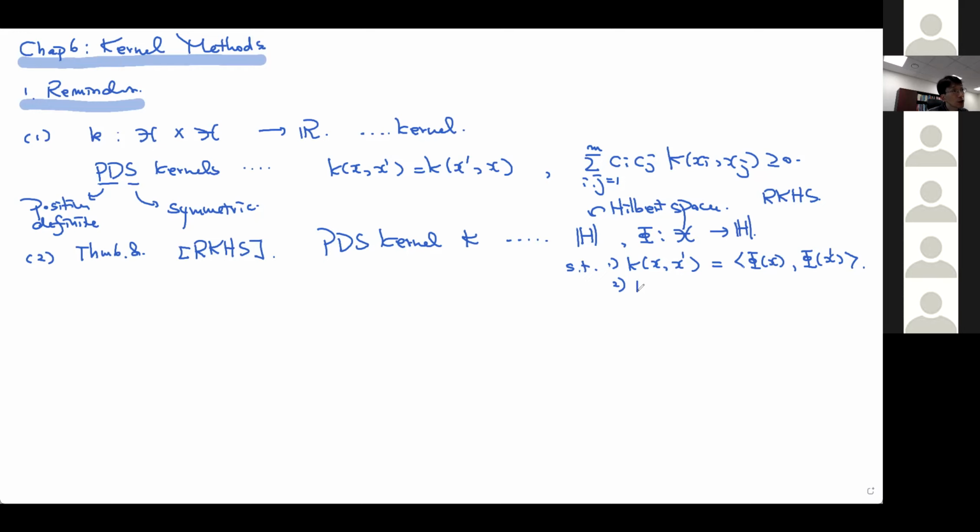Another key feature is that each element in this Hilbert space is actually a function from X to the real numbers, not all the functions, but certain functions. And this feature map comes from X. So it takes each element x and returns a function. The function is defined by this kernel.